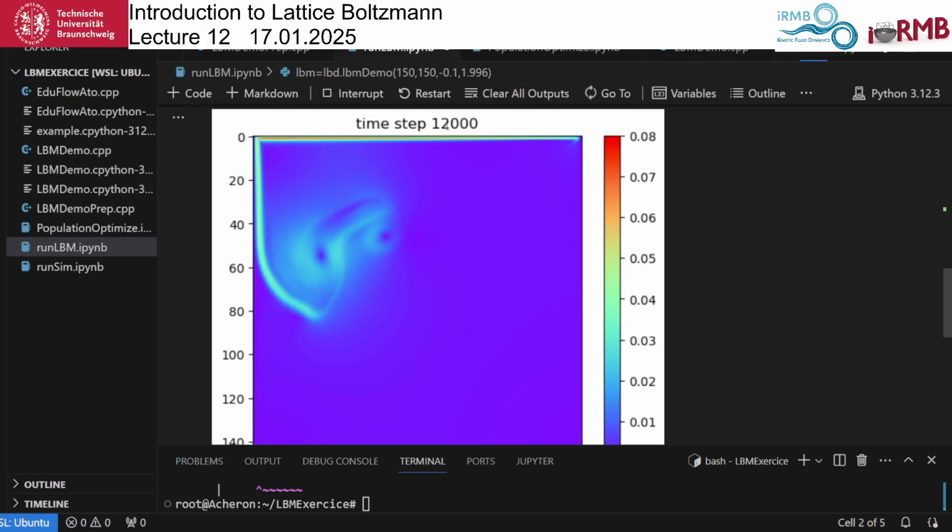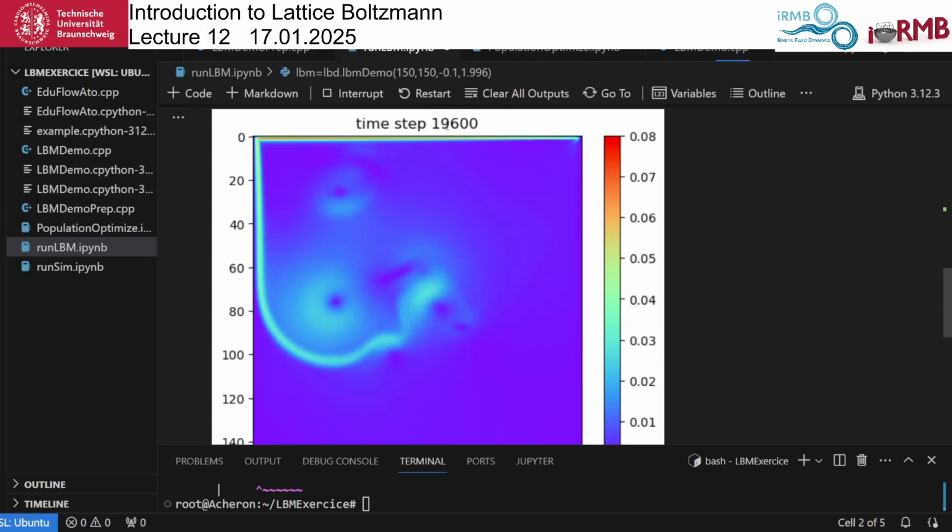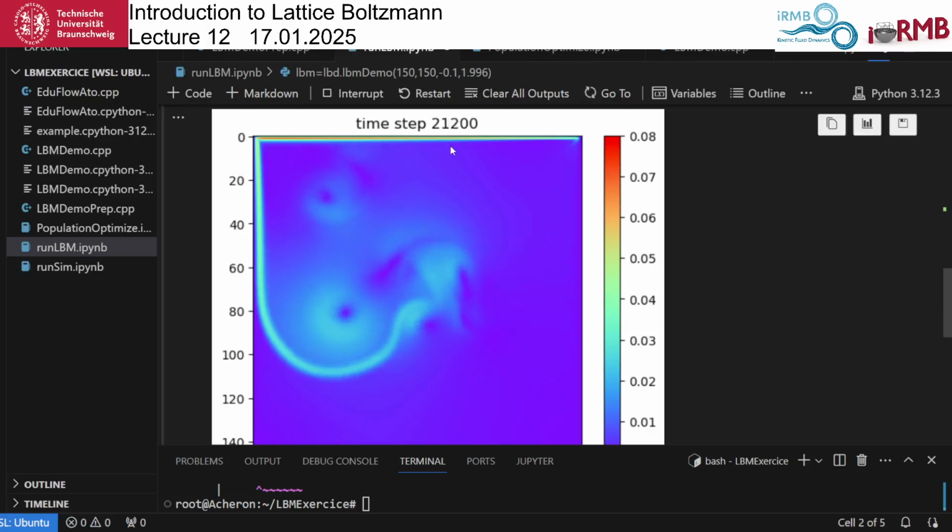You get higher accuracy if you match the relaxation rates of the third order. If you under-relax them, you actually have to under-relax them in a specific way, which I've not taken care of now, because this is a little bit complicated. So this is something that we talk a little bit about in the last lecture.